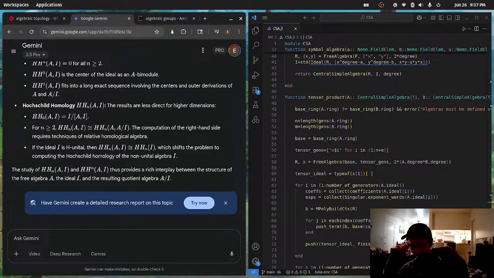What about for the exponent? So the exponent, we just want to find an algorithm to see if something is 0 in some group.